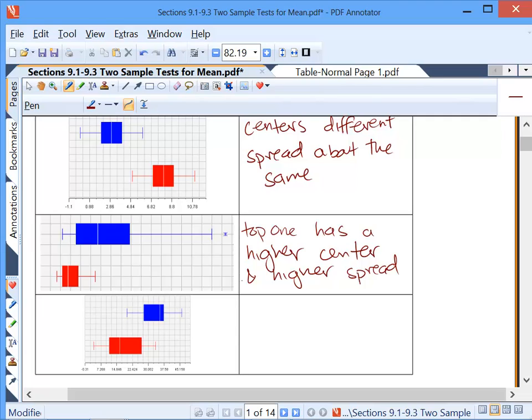Let's see, what about the last one? The top one has a higher center. What about its spread? Looks like slightly smaller spread.